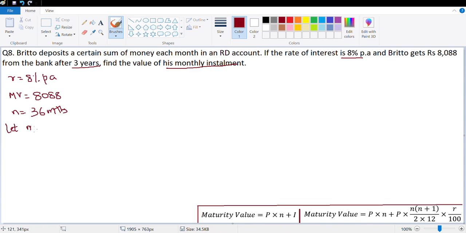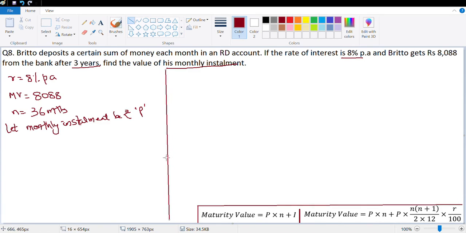Let monthly installment be rupees P. So we know the formula for maturity value, which is since maturity value is equal to P into N plus P into N plus 1 upon 2 into 12 multiplied with R upon 100.